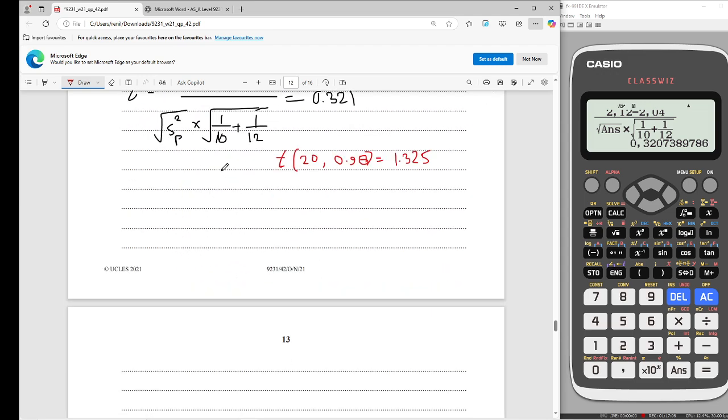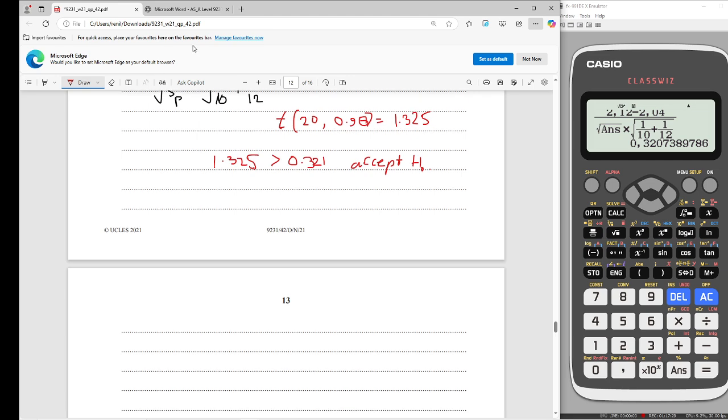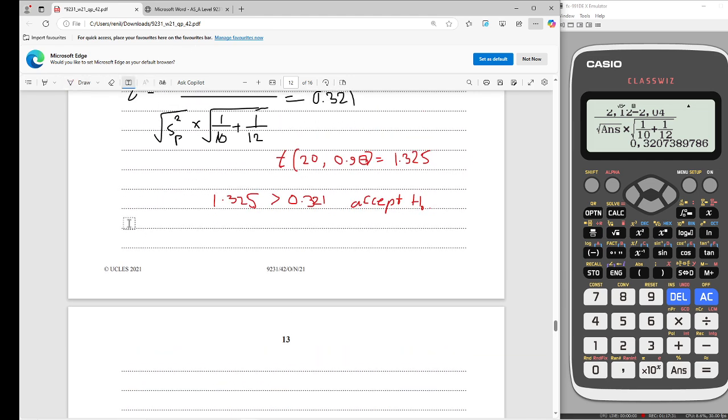Okay, now we compare. 1.325 is obviously greater, which means that the critical value is greater than the test statistic, and that too by quite a margin. So we're going to accept H null. Since we accept H null, before we do this, I think we should state our assumption.